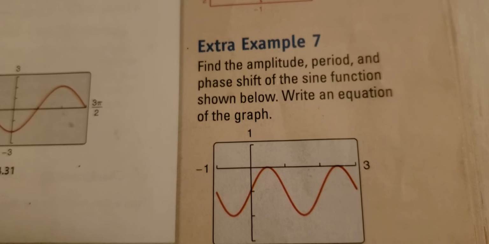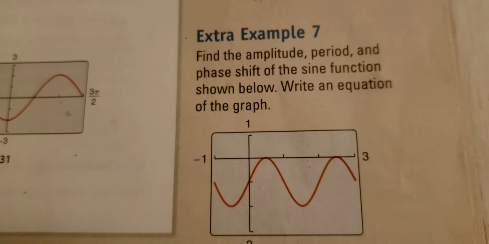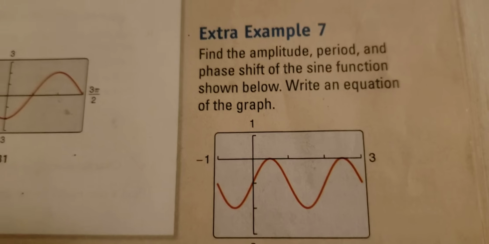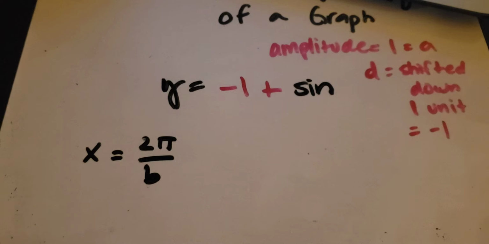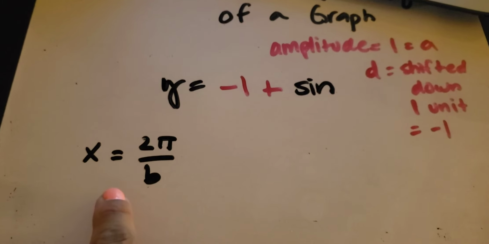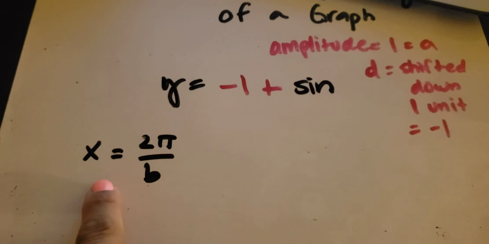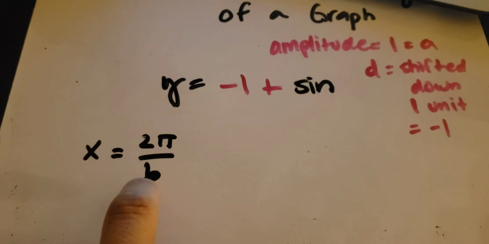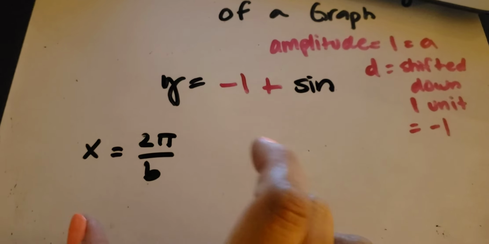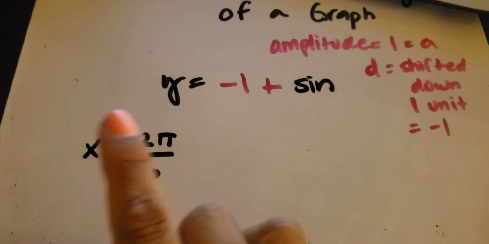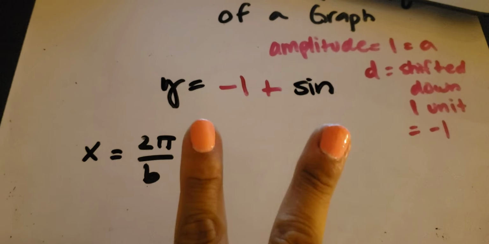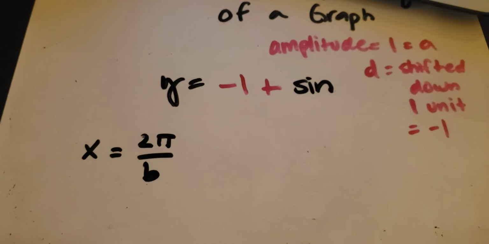And if you don't know how to do that, I can show you a different way how you can find it algebraically. Okay, so let's do that. We know that the formula to find the period is x equals 2 pi over b. I did say that the window that they gave us went from -1 to 3, but it was 2 cycles.